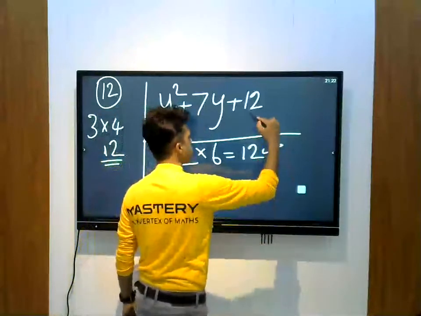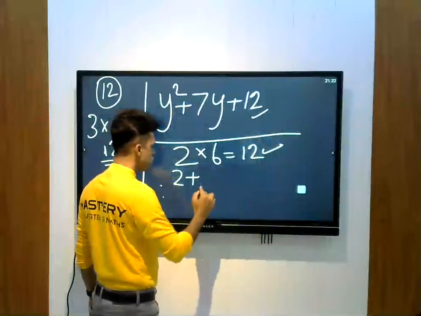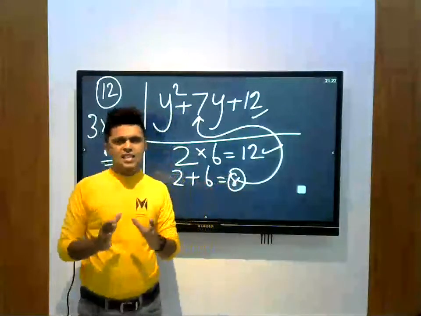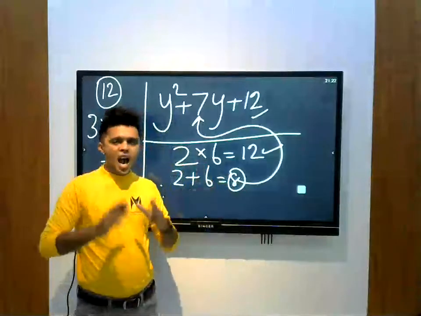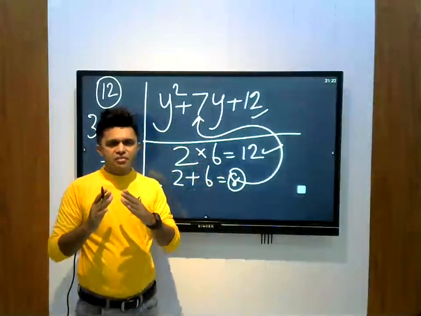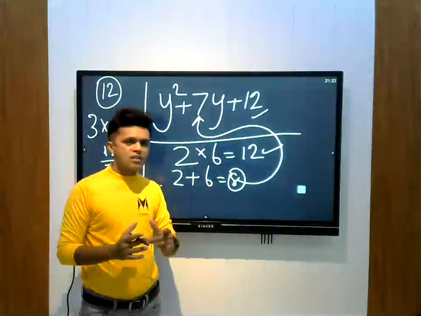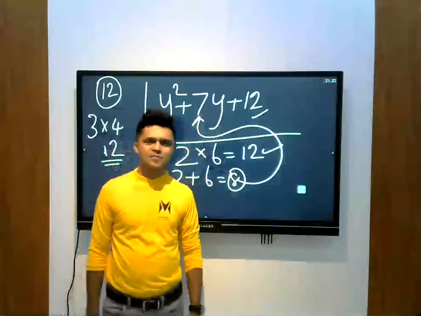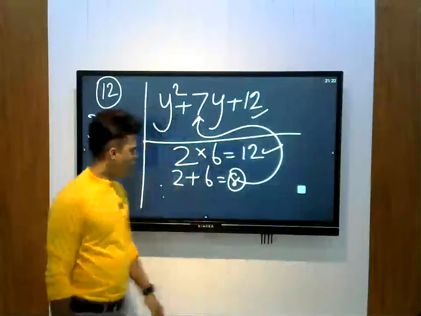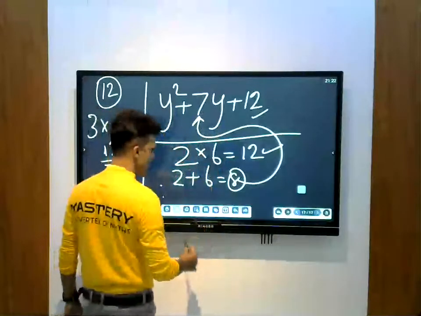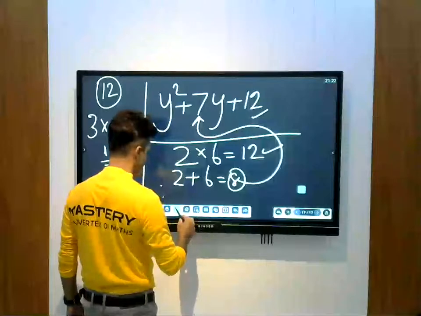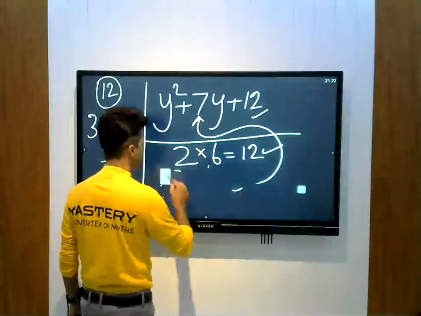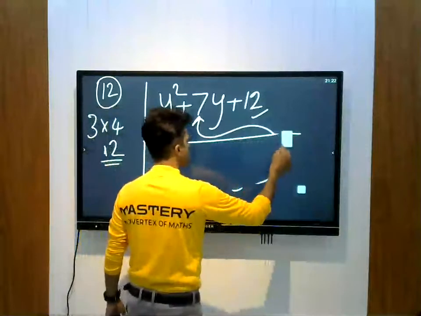This is okay, we are able to get 12. But when you add these two, 2 plus 6, we can't take 2 and 6 as the factors of 12 so as to get 7. So 3 and 4 can be taken here as the factors of 12.